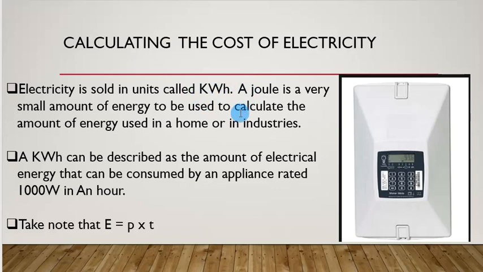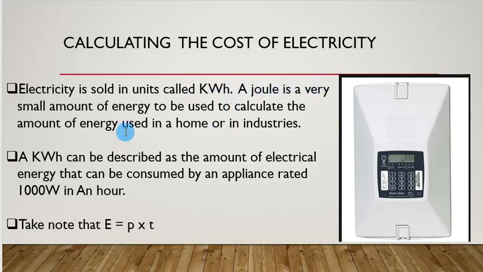By meaningful, I mean you understand that a joule is the correct or SI unit for energy, but a joule is a very small amount of energy when we are talking about the energy we consume in our homes to run appliances.